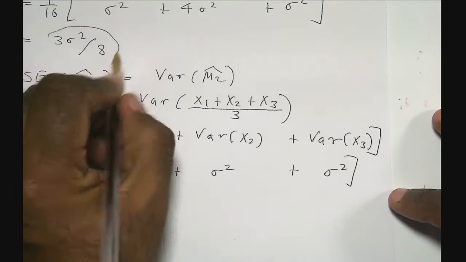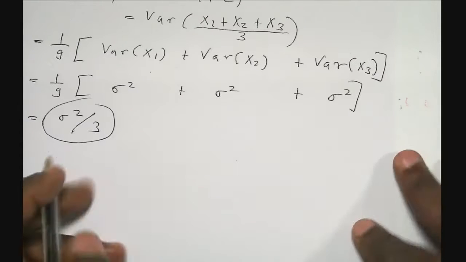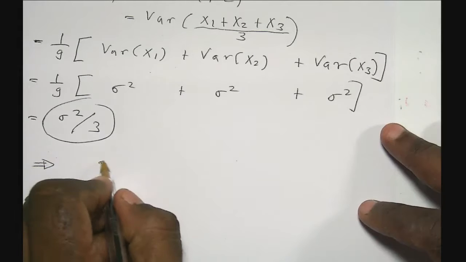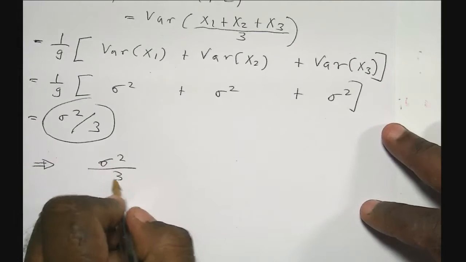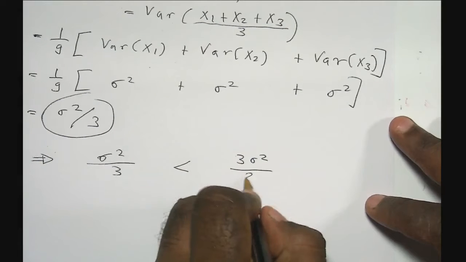Now let me ask you. The first estimator has MSE equal to 3 sigma squared by 8. The second estimator has MSE equal to sigma squared by 3. Now which one of these is smaller? It's the second one, obviously, right? Clearly, sigma squared by 3 is smaller than 3 sigma squared by 8.